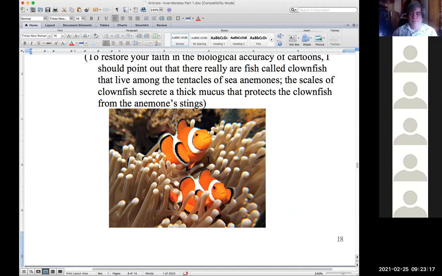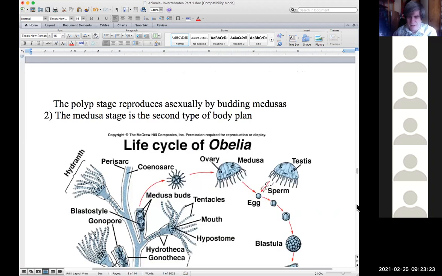So when we look at cnidarians, many of them have a polyp stage, like a sea anemone, and they have a medusa stage, which is the part that is like a jellyfish. Now, when the polyp stage reproduces, it reproduces asexually.